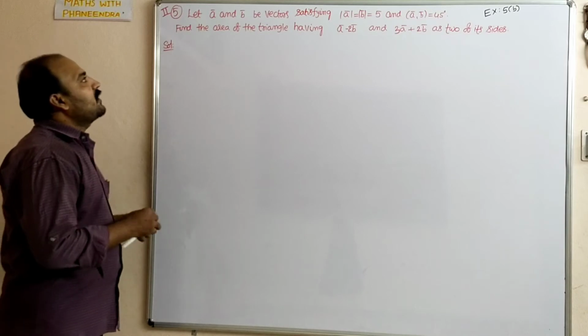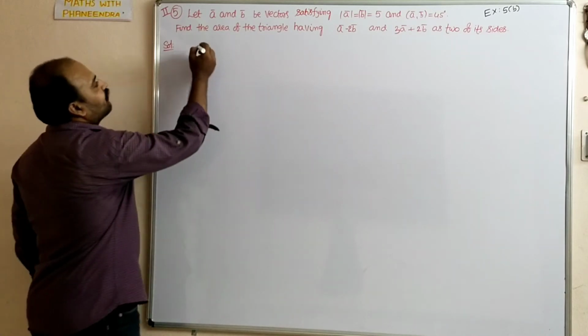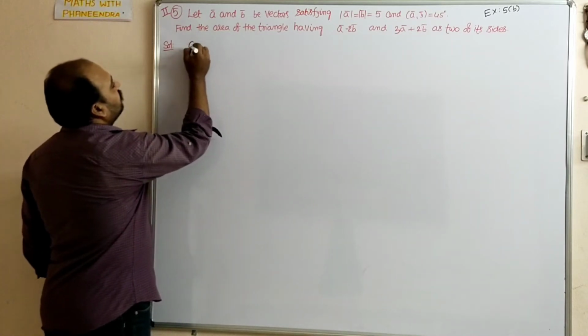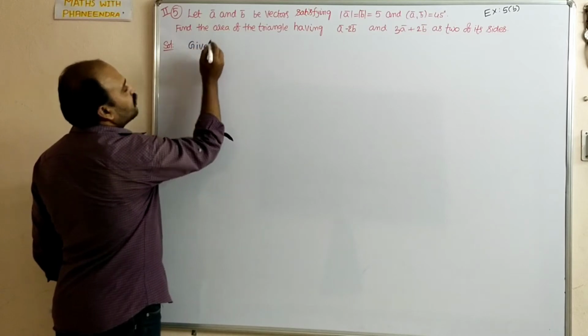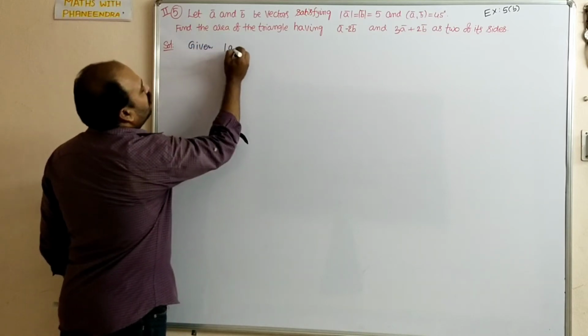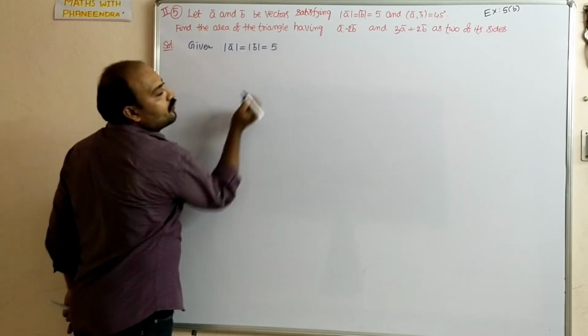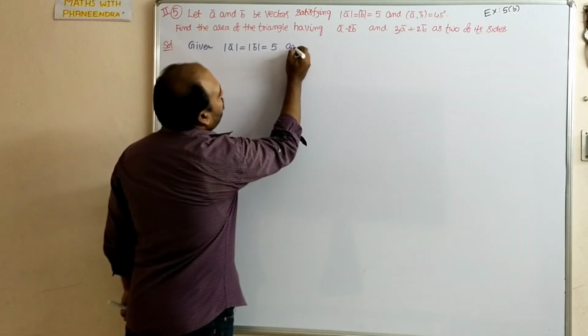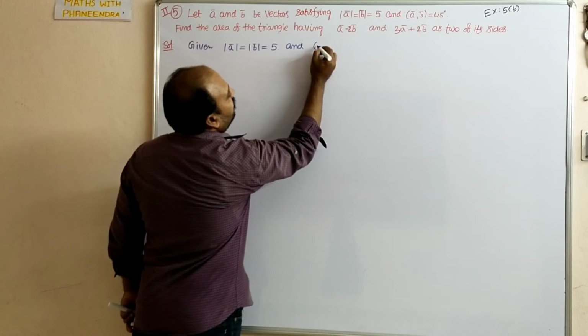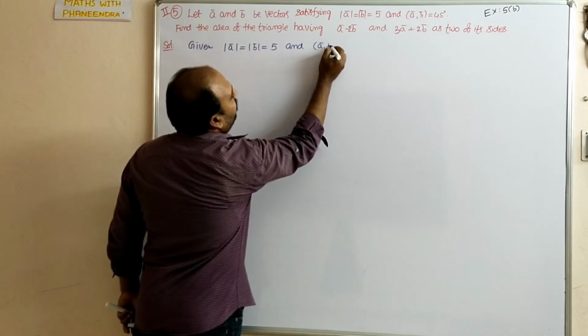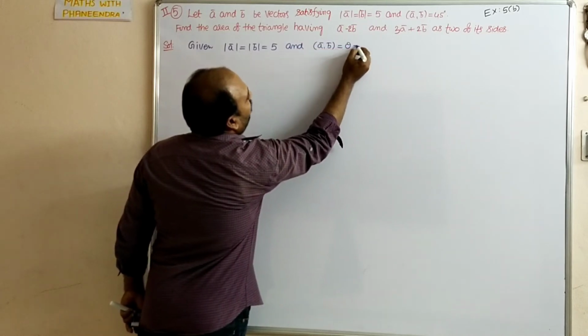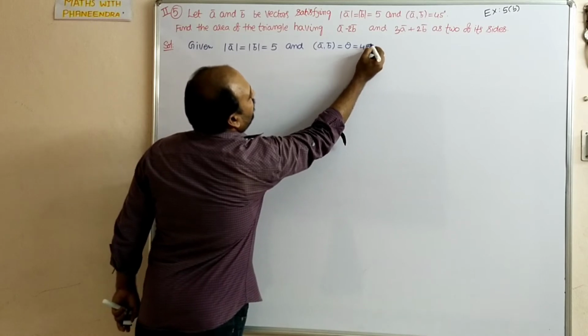So first, we have to write the given information. What is the given information? Given A bar and B bar, magnitude of A bar equal to magnitude of B bar equal to 5, and the angle between A bar, B bar, which is theta, equal to 45 degrees.